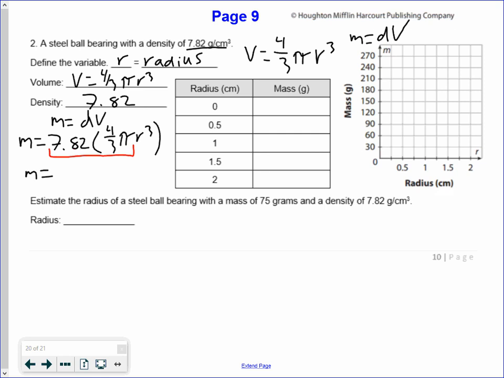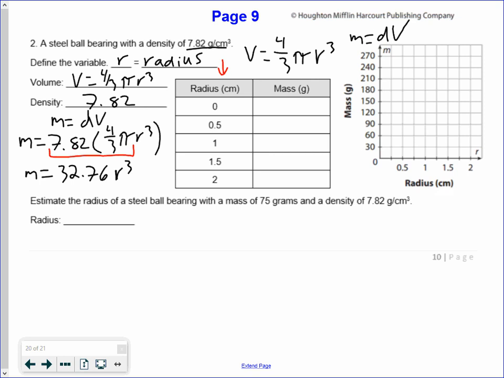So 7.82 times 4 over 3 times pi will give me about 32.76 r cubed. So m equals 32.76 r cubed. And now I'm just going to plug all these r's from my table into my formula and see what I get.